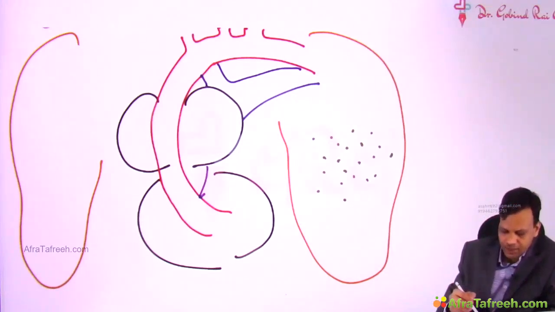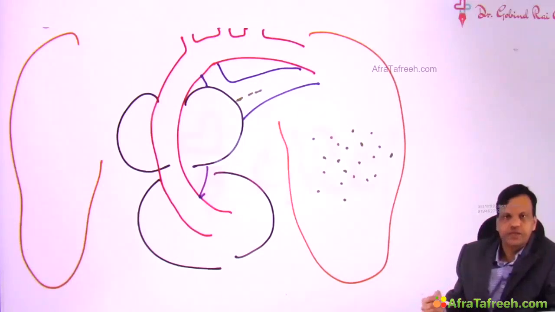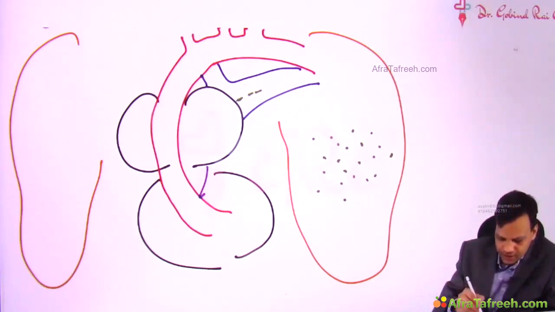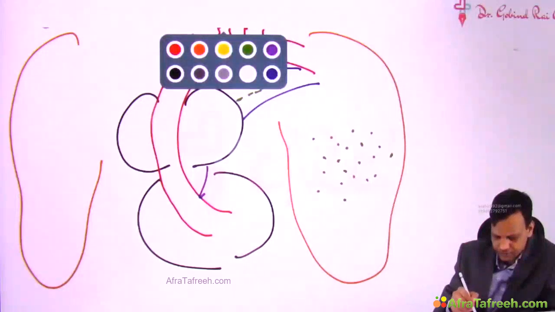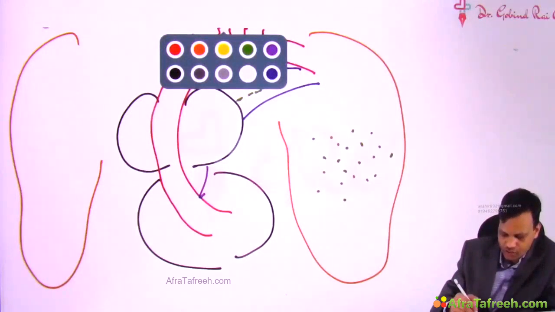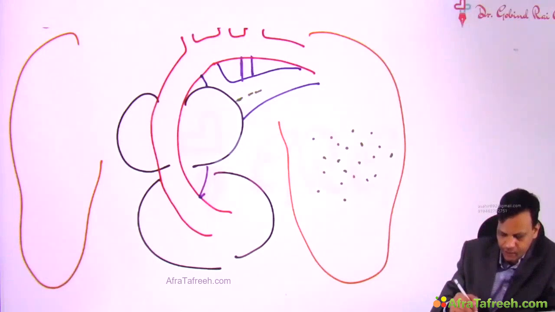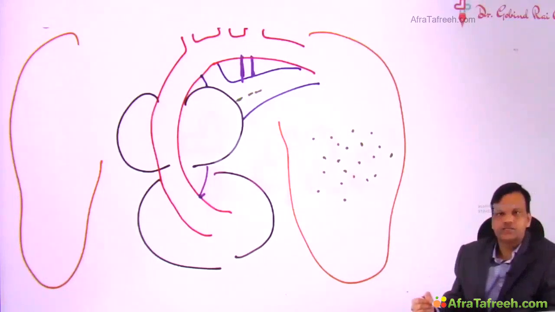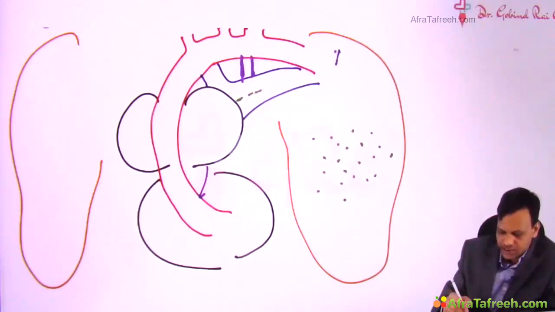The pressure in pulmonary circulation is very high, so high that there is a risk of rupture of the pulmonary trunk. So to prevent this risk of rupturing, there is a communication between the pulmonary trunk and aorta, and this communication is called the ductus arteriosus.